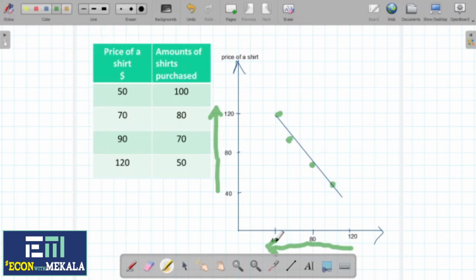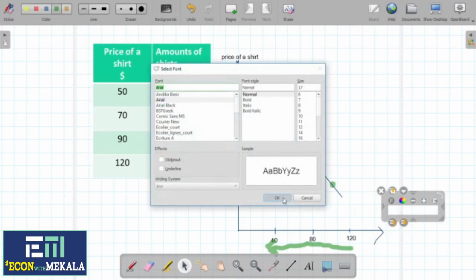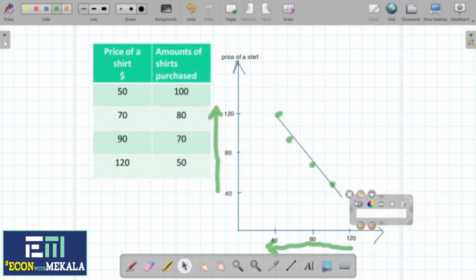Always remember when you construct a demand curve to label your x-axis and y-axis. Now here we haven't labeled our x-axis. Our x-axis is amounts of shirts purchased. So we have constructed this demand curve for the market for shirts.